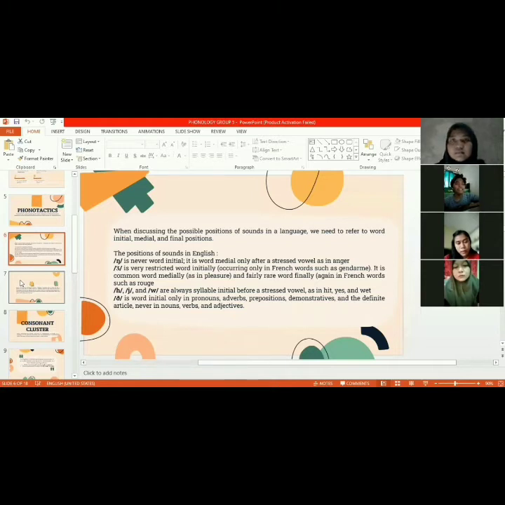Then the th sound is word initial only in pronouns, adverbs, prepositions, demonstratives, and the definite article, never in nouns, verbs, and adjectives. Otherwise, it occurs freely word medially and word finally.